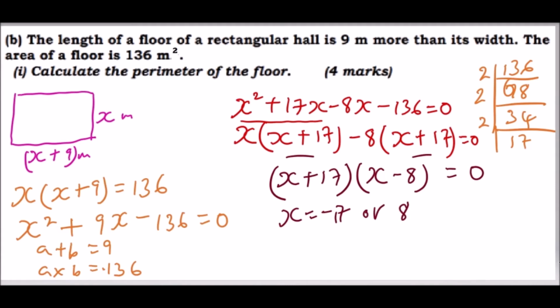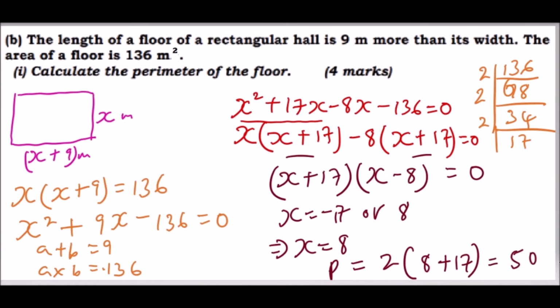Since we are talking of length, length cannot be negative, and therefore x is equal to 8. Therefore perimeter is equal to 2 times 8 plus 8 plus 9, that is 17, so plus 17, and when you work that out, you should get 50. So that is how you work out that question, and you get yourself 4 marks.